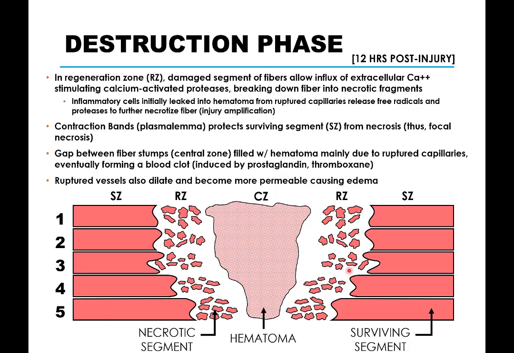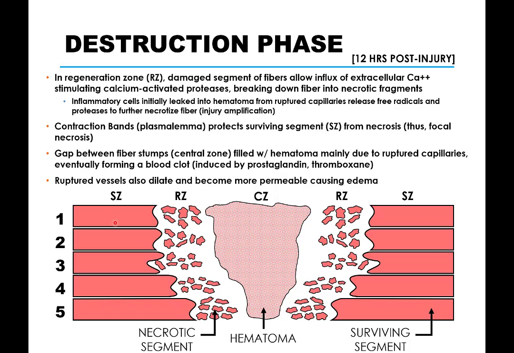You can imagine this membrane forming right along here and here. And this membrane would separate the regeneration zone from what is called the surviving zone, which contains the undamaged portion of the muscle fibers.